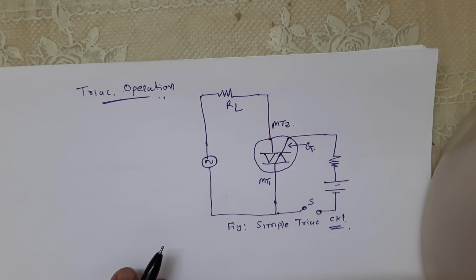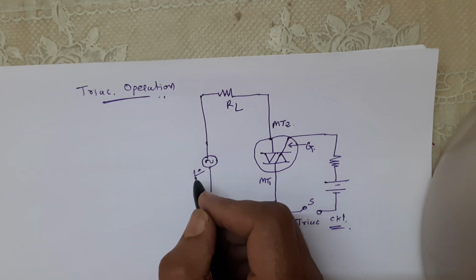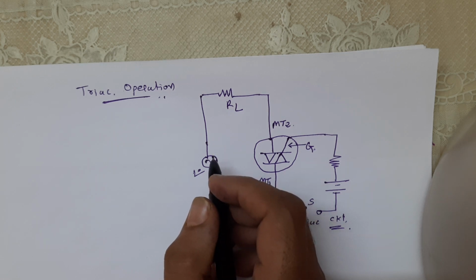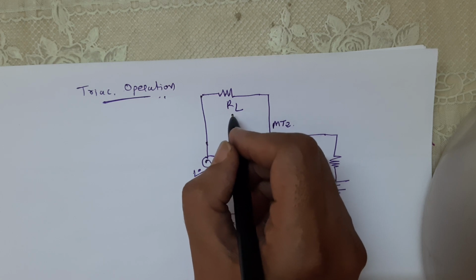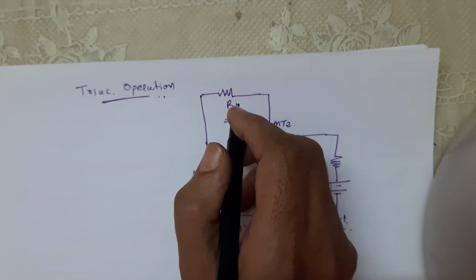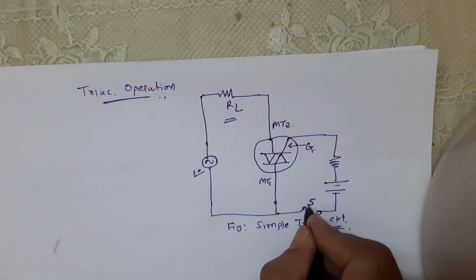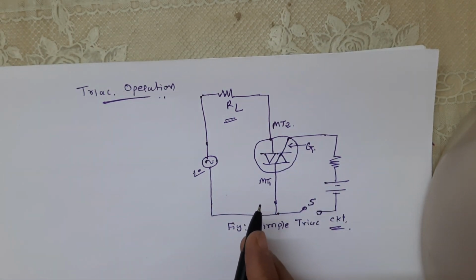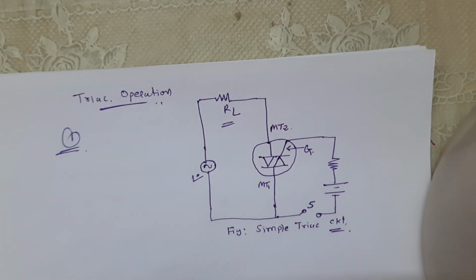The AC supply to be controlled is connected across the main terminals, consisting of the AC supply, a current limiting resistor R and a switch S. The circuit action is as follows. First, the circuit action with switch S open.